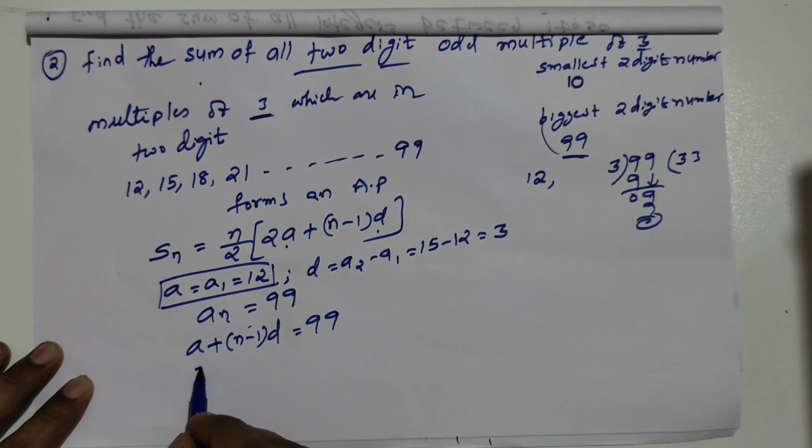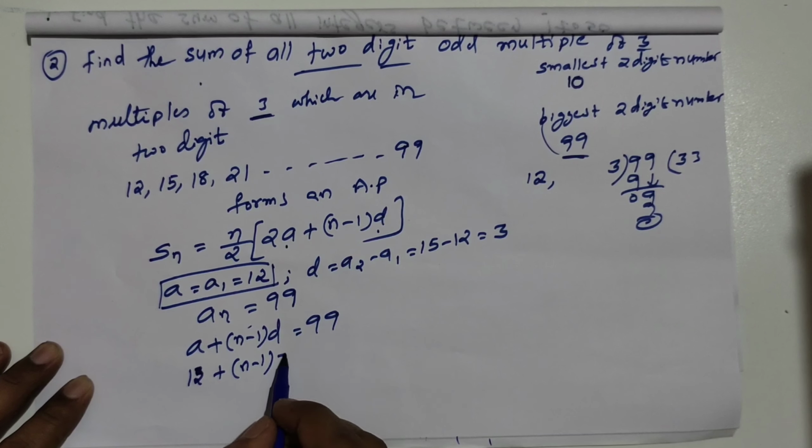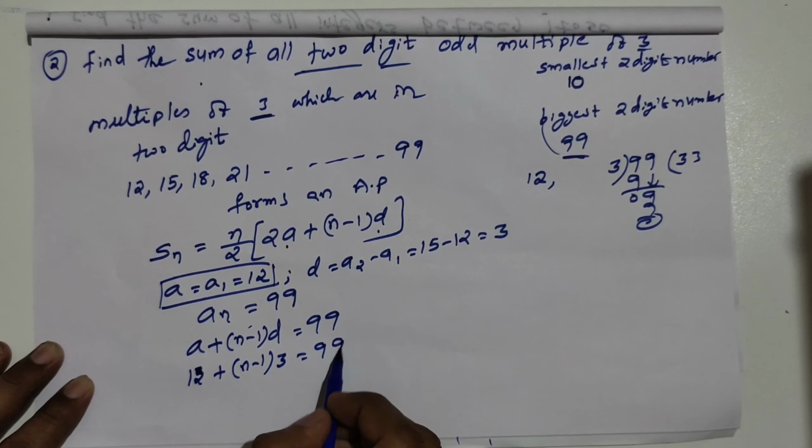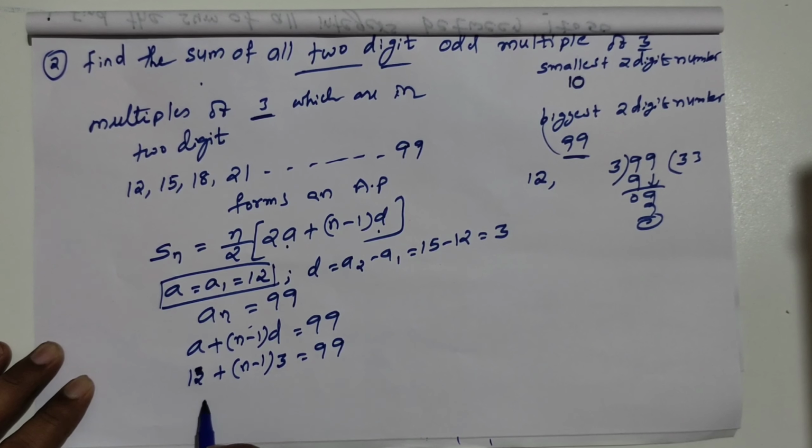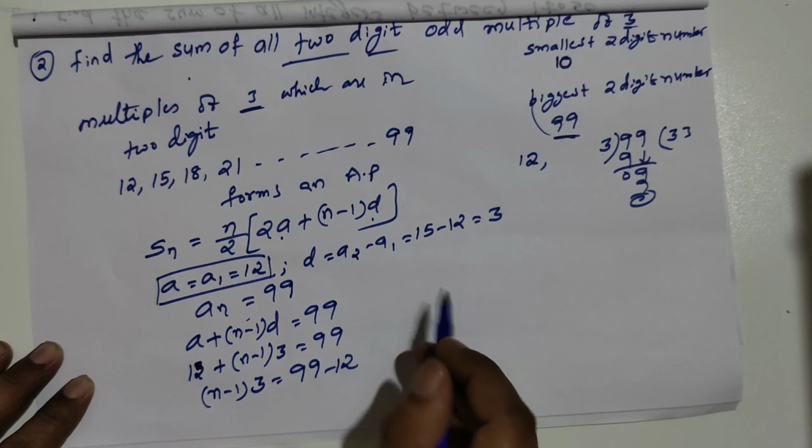So substitute a as 12 plus n minus 1 into d value 3 is equal to 99. Now take this 12 to the right side, so n minus 1 into 3 is equal to 99 minus 12.